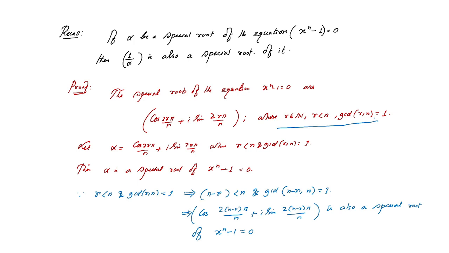So that implies cos 2r pi by n minus i sin 2r pi by n is a special root of x to the power n minus 1 equals 0.